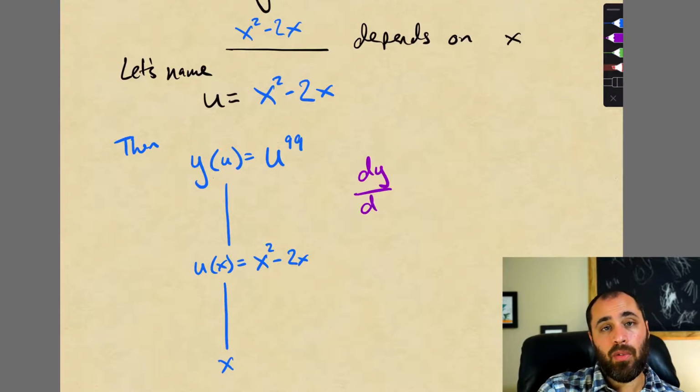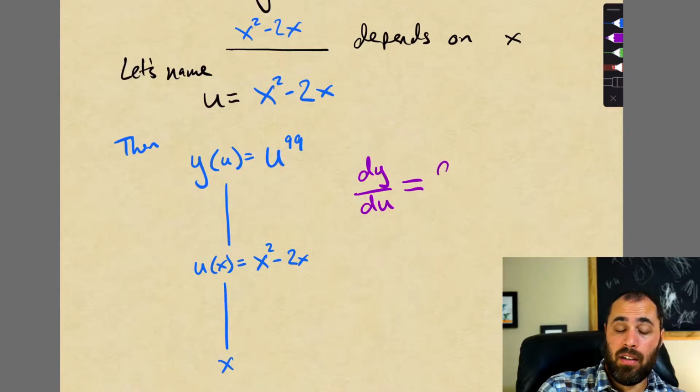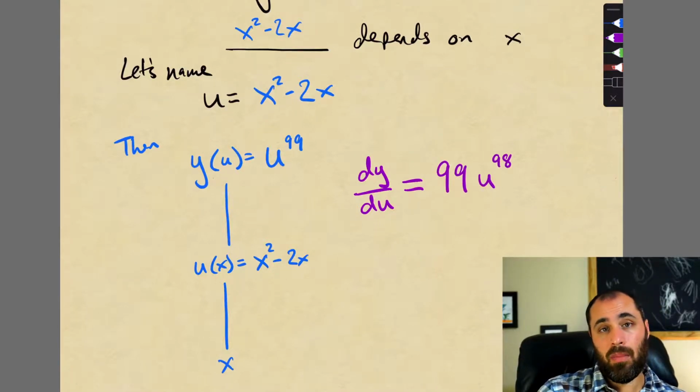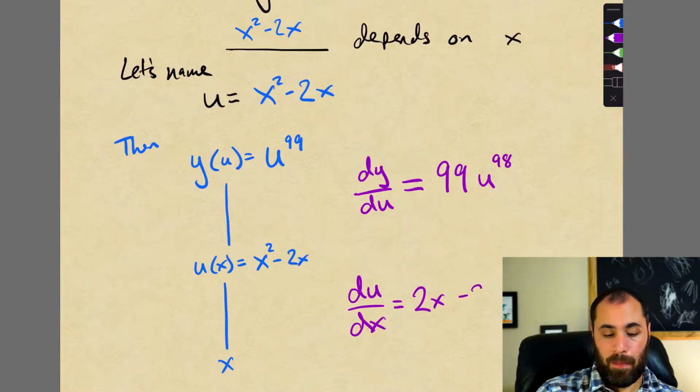And we can talk about the rates of change for each step of the chain. Hopefully you can do these really easily. We only need to use the power rule and some of our very basic derivative shortcuts. dy/du is 99u to the 98th power, and du/dx is 2x minus 2.